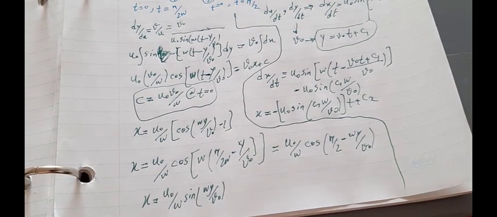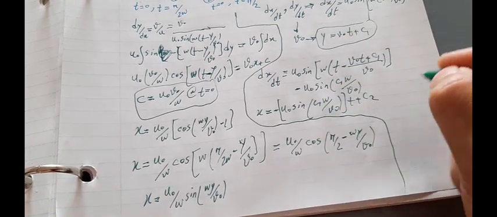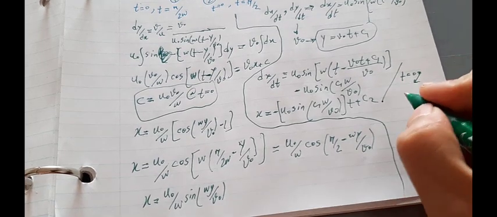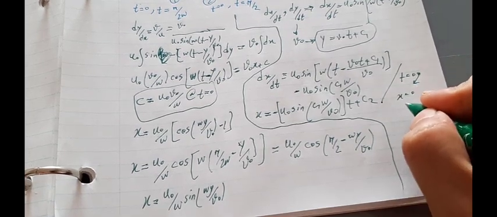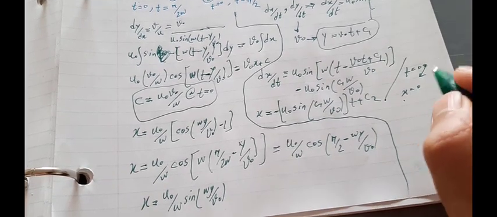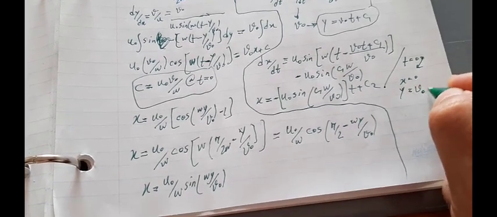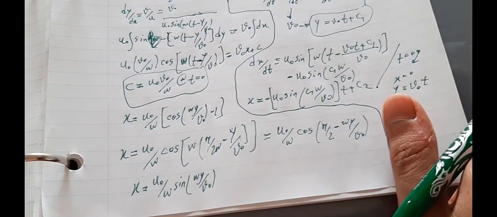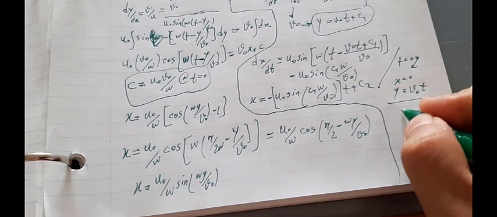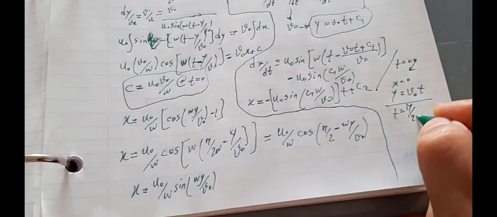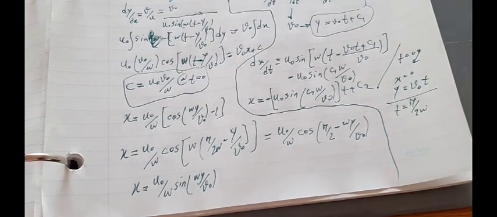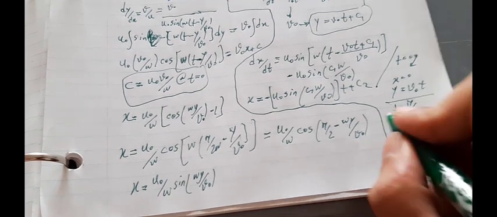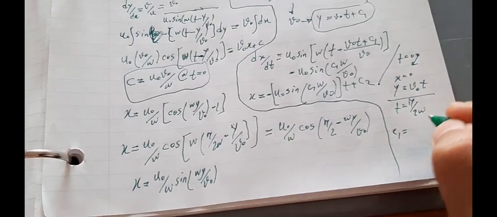At time t equal to 0, we have x is equal to 0 and y is equal to v0t. For time t equal to pi over 2 omega, we have c1 equal to c2.